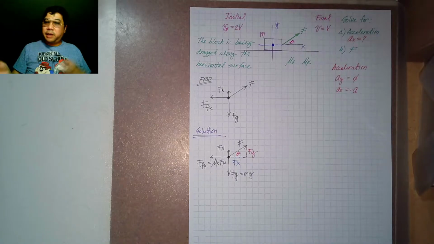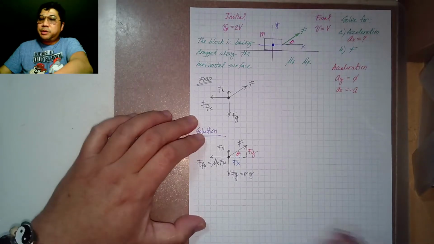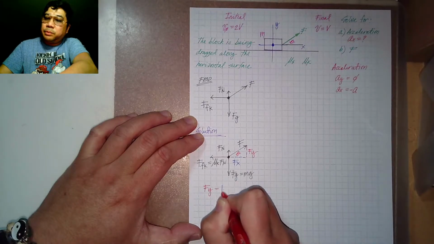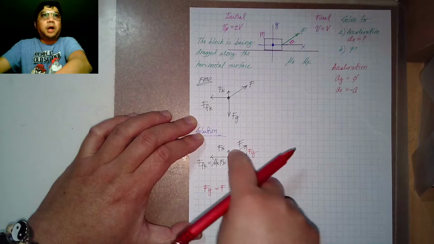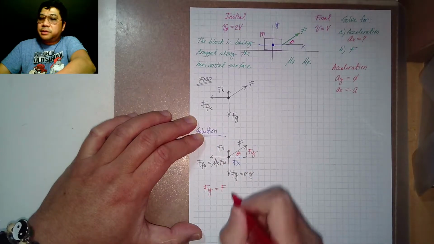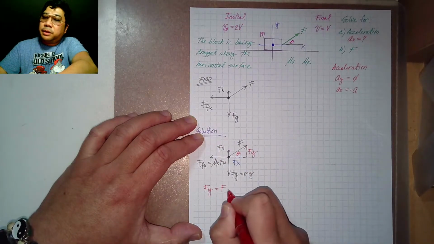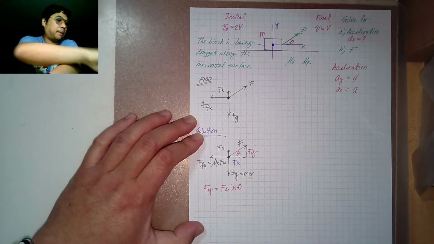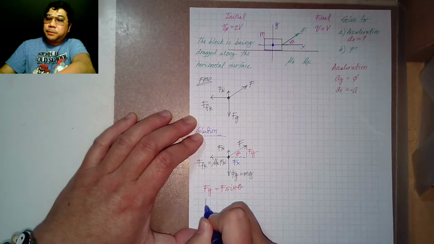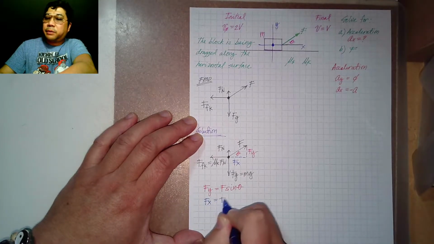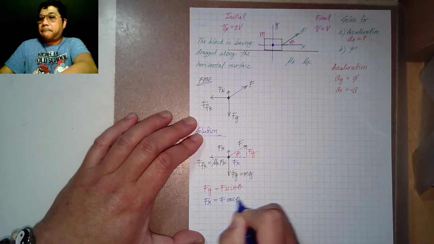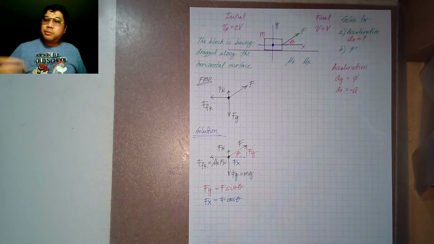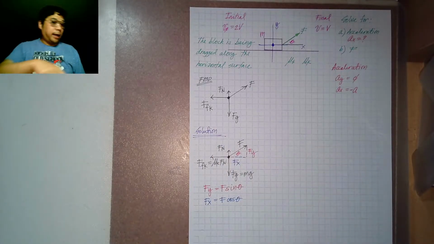So for Fy, we will be using F sine theta, and for our x component, we will be using F cosine theta, the cosine function of the angle, because it is measured along your x-axis.